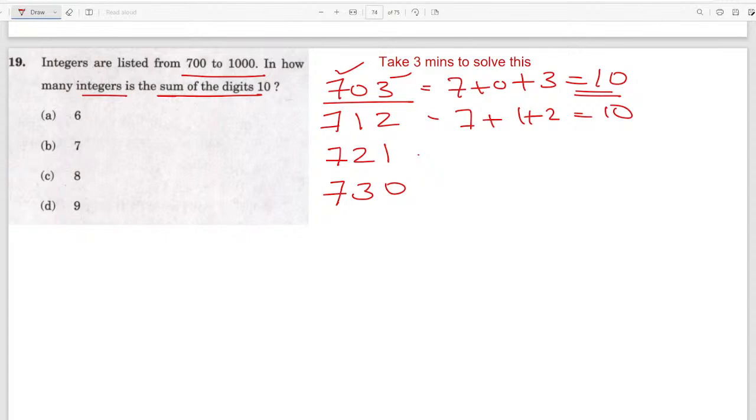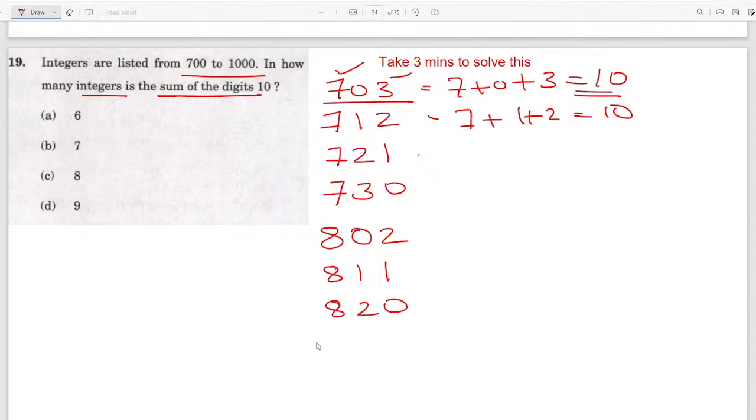If you add the digits of that number, it will be more than 10. So we'll then start with 8. 802. 8 plus 0 plus 2 is 10. Then we have 811. 8 plus 1 plus 1 is 10. And then 820. Again, after this, you cannot go to the 830s and 840s, because if you add those digits, it will be more than 10.